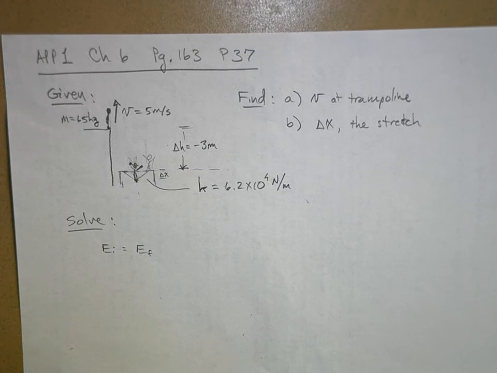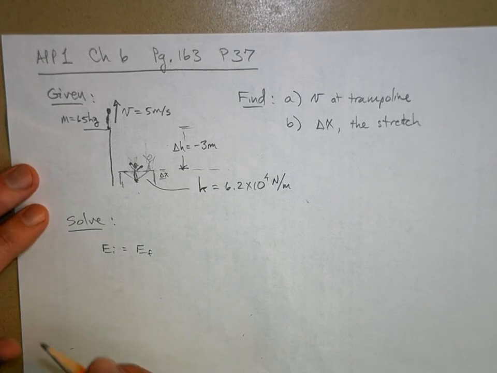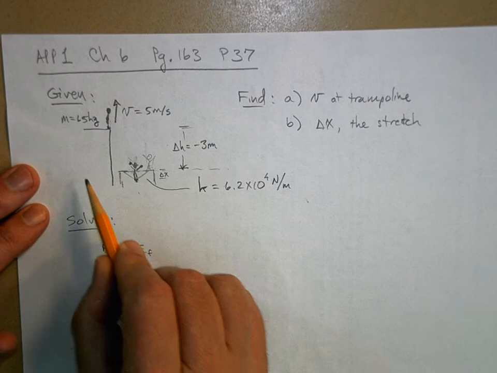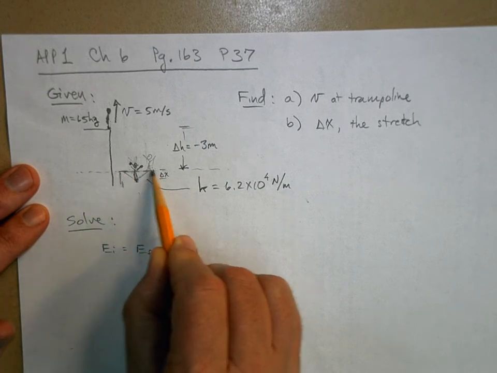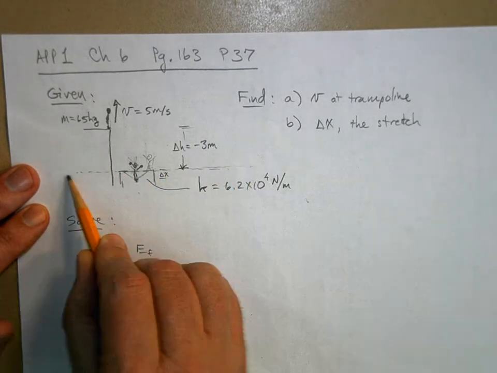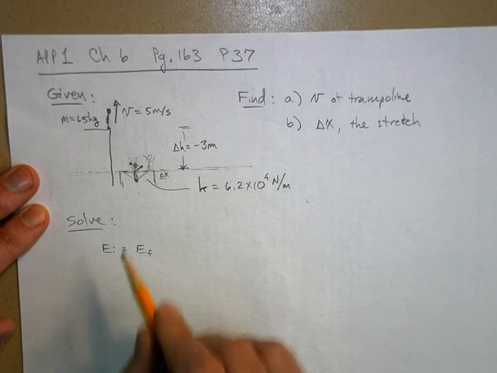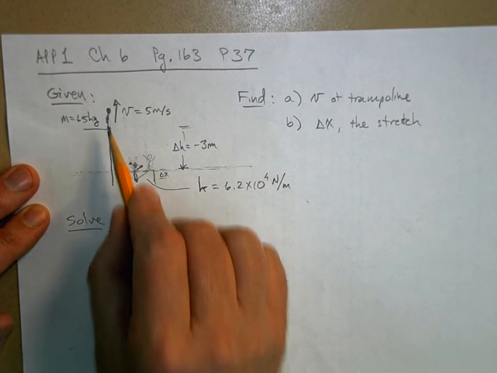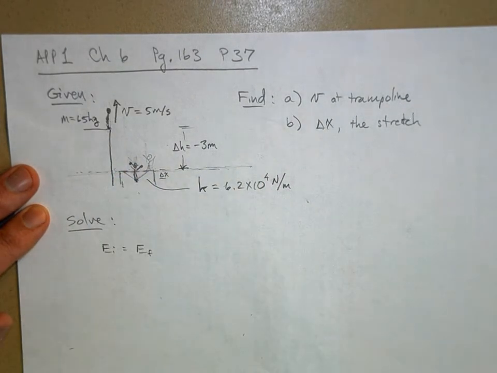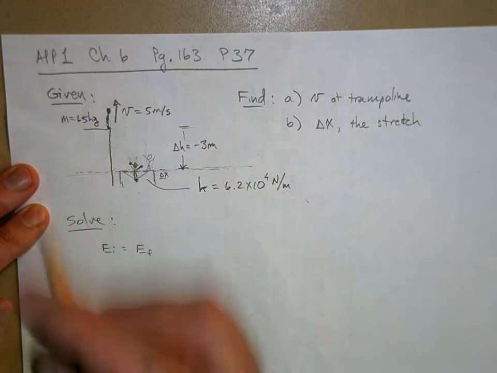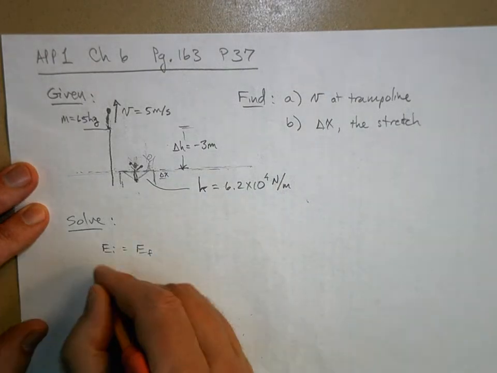Now, where do we want to measure gravitational potential energy from? Well, I'm going to measure it from right here. So the initial energy, this person is 3 meters up, so they have gravitational potential energy, and they just jumped, so they have kinetic energy.